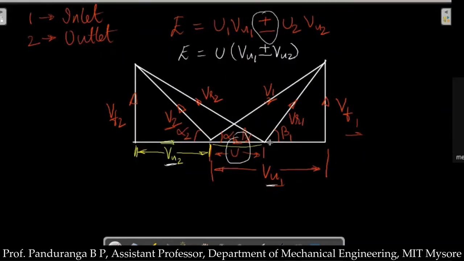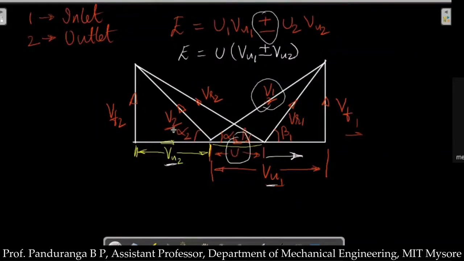Now the direction of vu1. If you look at v1, it is moving towards the right and upward, so the horizontal component will be towards the right.